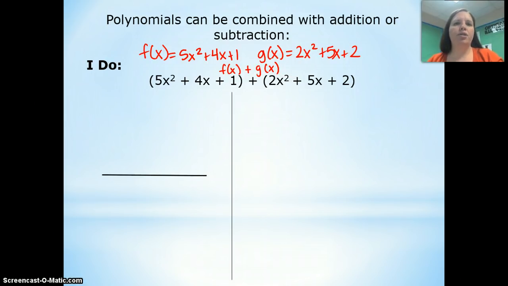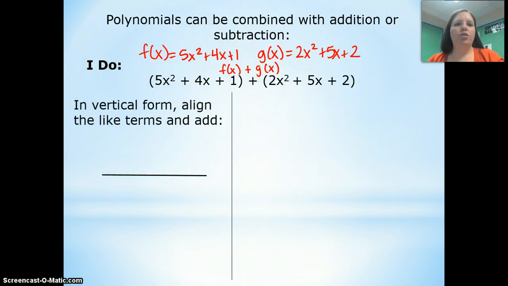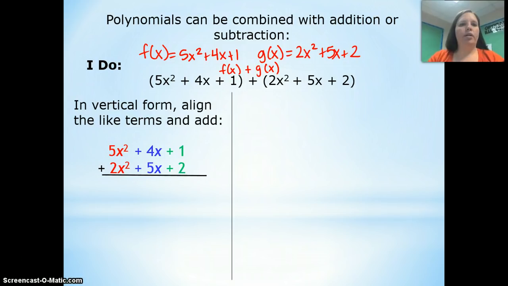There are kind of two setups you can do, and you can decide which one makes the most sense to you. You can do this more in a vertical form. You take your first polynomial, and notice these are written in standard form, highest power to lowest power, quadratic trinomials actually, and you line up your like terms vertically. So 5x squared and 2x squared gives me 7x squared. 4x and 5x gives me 9x.